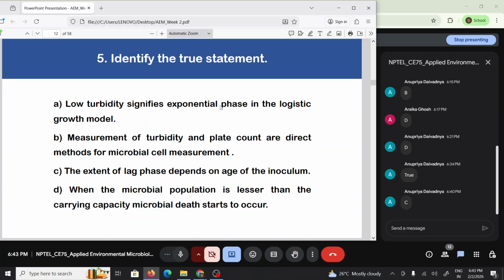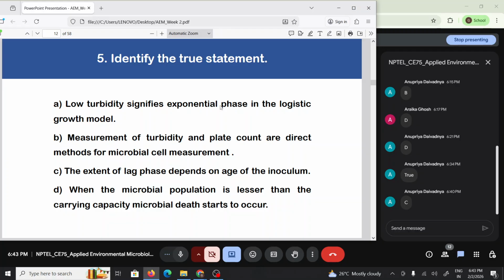To that liquid, we inoculate a little amount of a microorganism, just a few microliters, and then it starts growing. So this clear liquid starts becoming turbid because there is cell growth in it. As the microbe grows in that media, the turbidity is going to be significantly high.